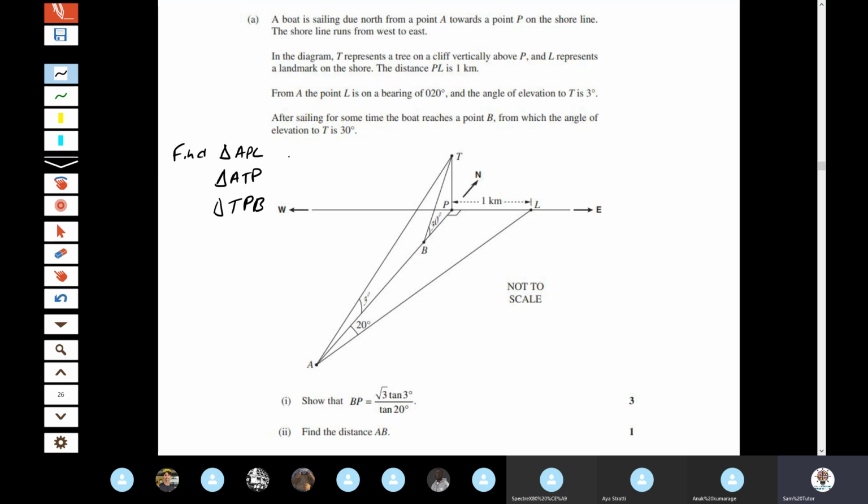From those triangles, try to work out, no, I won't say it. So find APL. From APL, you'll find something. From APL, then to ATP. And then it should work out.